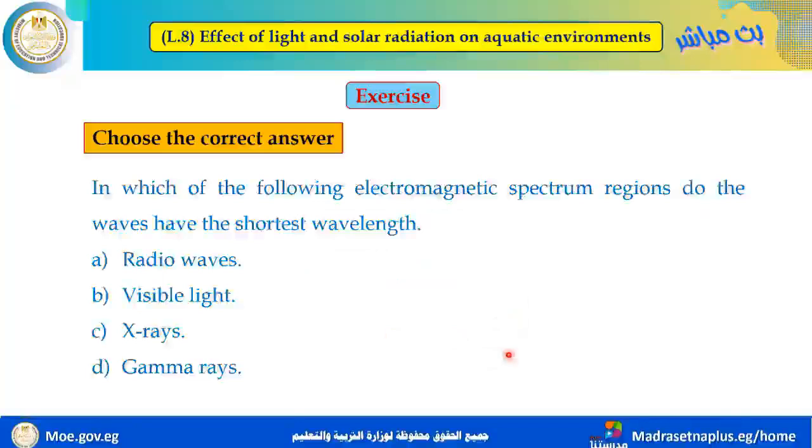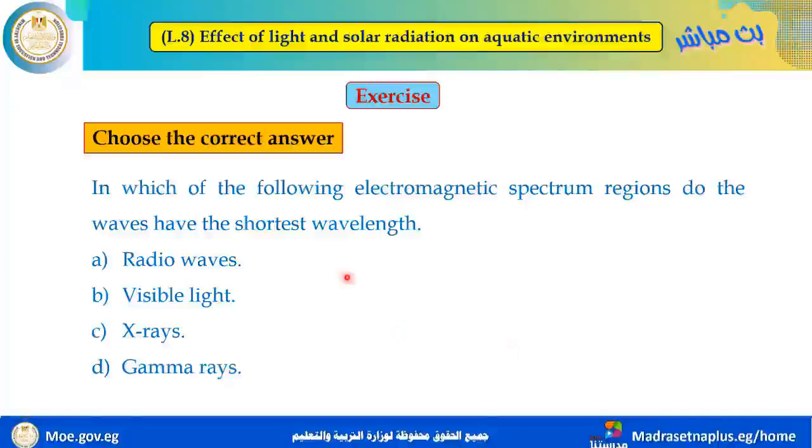In which of the following electromagnetic spectrum regions do the waves have the shortest wavelengths? Don't forget the electromagnetic spectrum. It is a wide range of electromagnetic waves. Okay? That starts with what? With gamma rays and ends with radio waves. So, in which of the following regions do the waves have the shortest wavelengths?